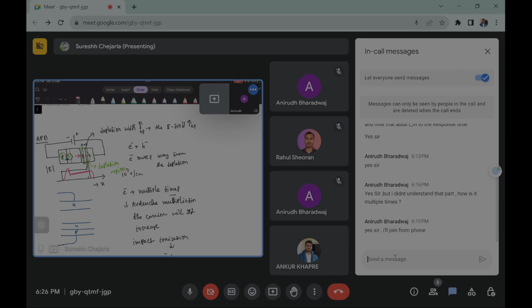As I mentioned, the majority of the carriers in N type are electrons. If the ionization coefficient for the electrons is higher than the holes, then it works. Otherwise, if the holes have higher impact ionization than the electrons, that may not work better. This is how we add the extra N or P layers to the existing PN or PIN diode to make an APD.